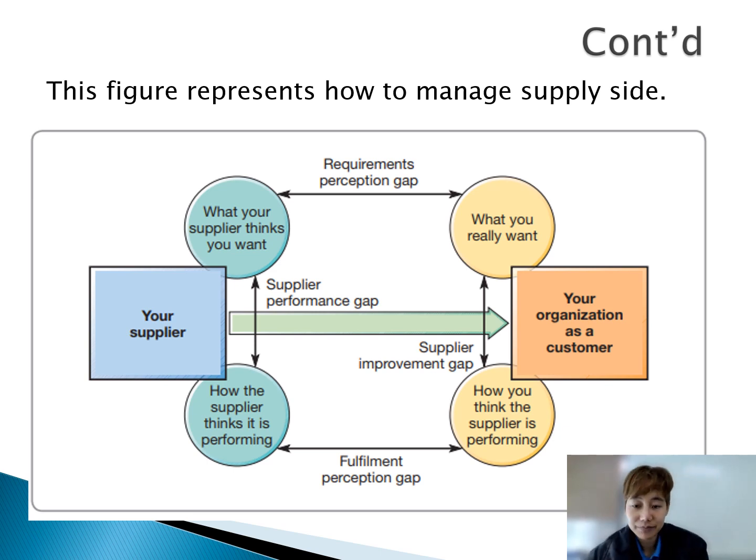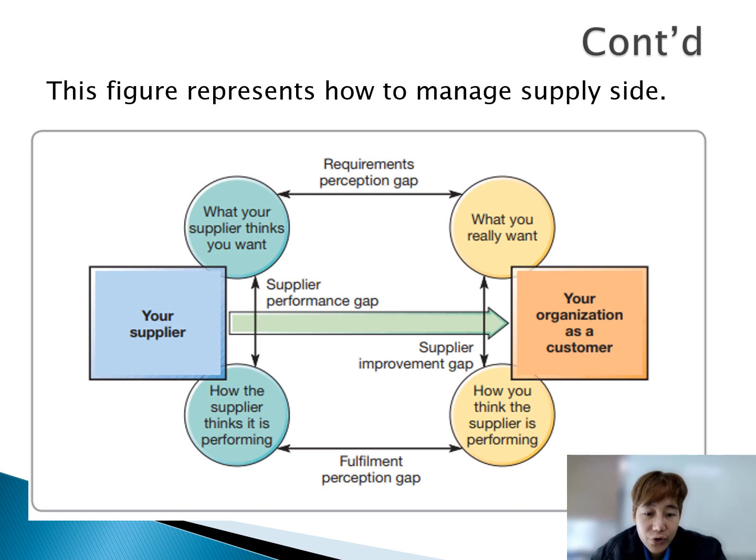This time, your organization becomes a supplier to the customer. What the customer wants is their expectation, right? And what you can give to the customer, and see the gap between you and the customer. If you see something that the customer wants, but you still cannot fulfill it, you have to improve it, develop it. Okay.